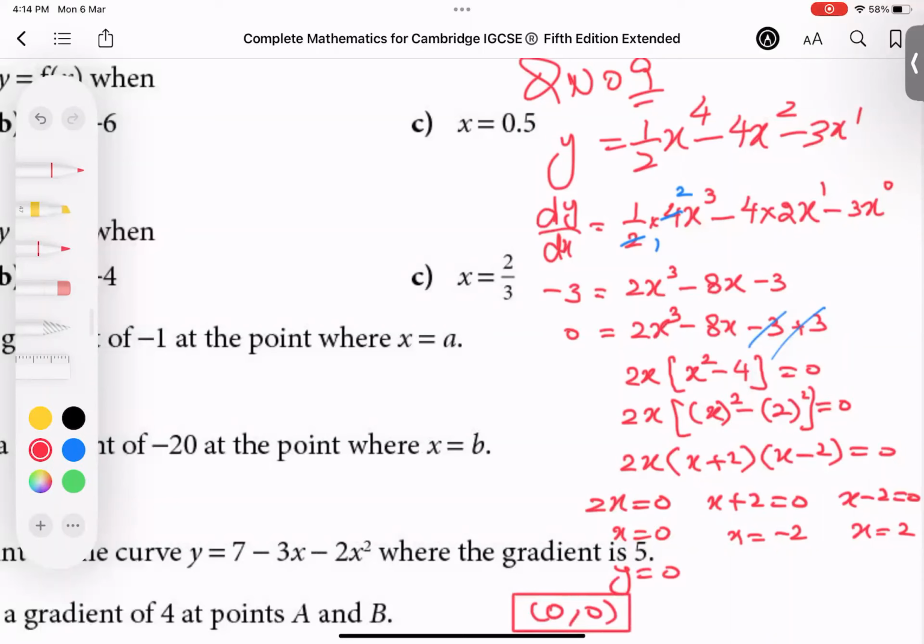When I plug in, 1 minute please, I'll check on my calculator. When I plug in -2 in every x value, half times -2 to the power 4. 1 minute please. Okay, half into 16 and -4 times 4, but it becomes 4 actually.